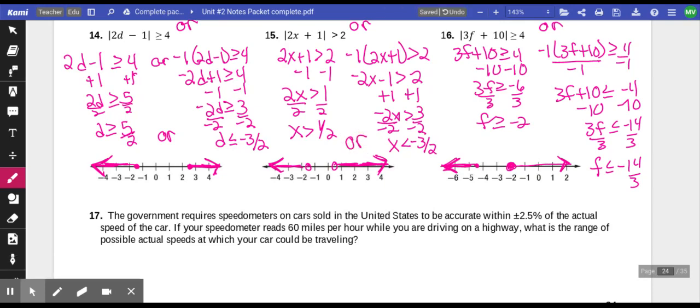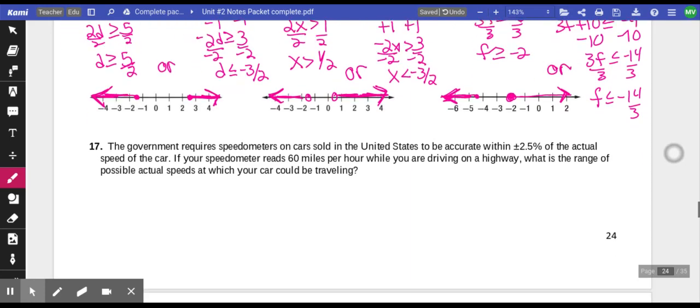Number 16, two inequalities: 3f plus 10 is greater than or equal to 4, or negative 1 times (3f plus 10) is greater than or equal to 4. My two solutions are f is less than or equal to negative 14 thirds, or f is greater than negative 2.